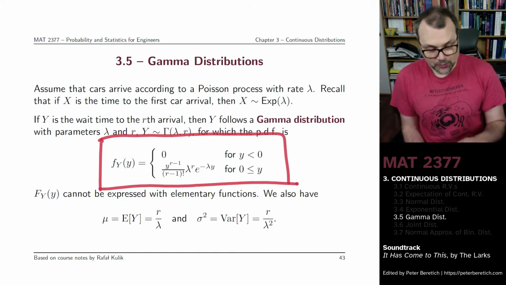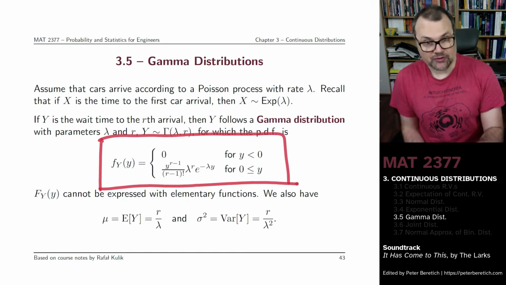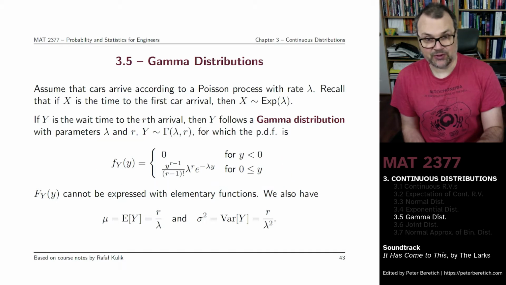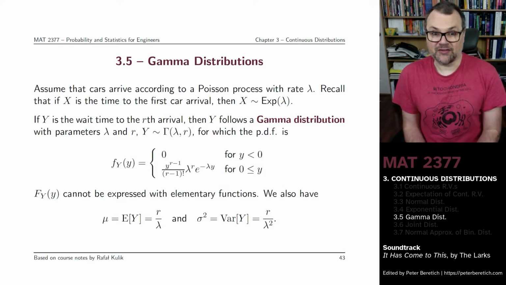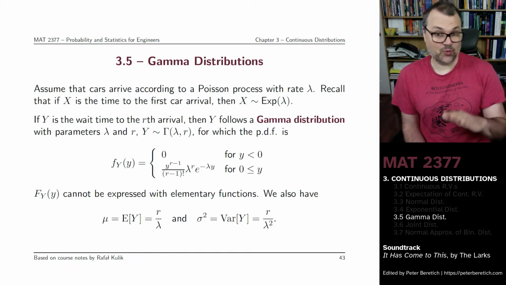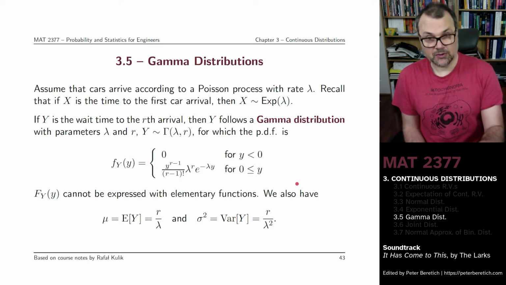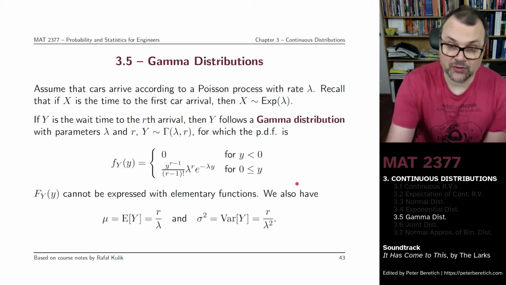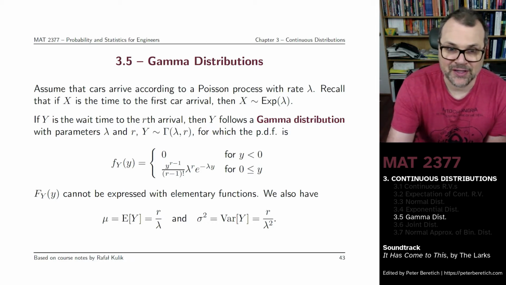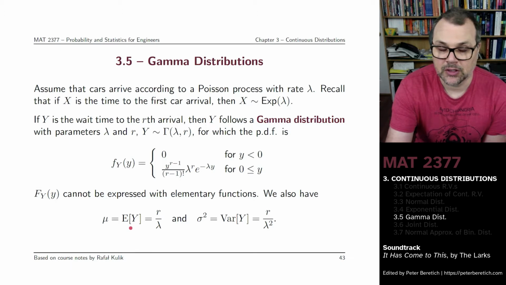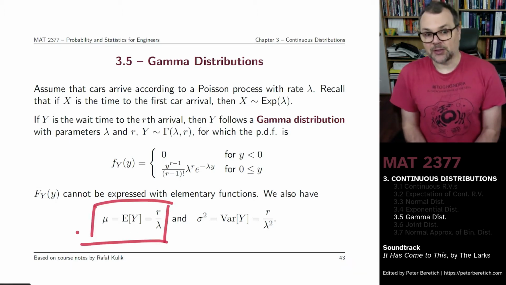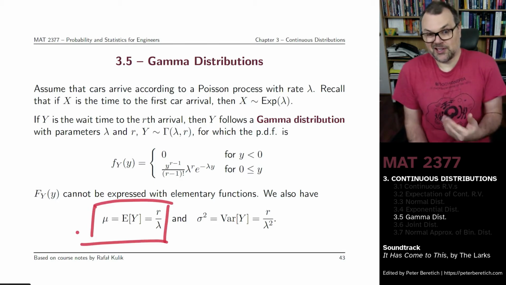Now, you cannot express the cumulative distribution function with the help of elementary functions. So our hope of having a CDF which is simple, as was the case with the exponential distribution, is not actually met. But whatever the true form of the CDF is, we can see that the expectation on that waiting time is simply r times the expectation for one event, because there are r such events.